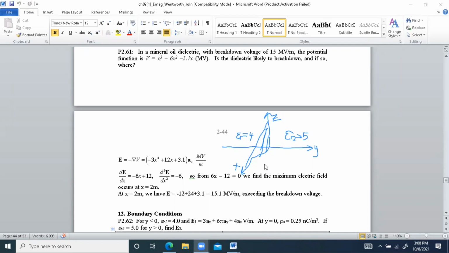Okay. You have that? Yes, sir. So what is E tangential 1? It would be the rest, the 3AX plus the 4AZ. So you have E normal 1 and E tangential 1.